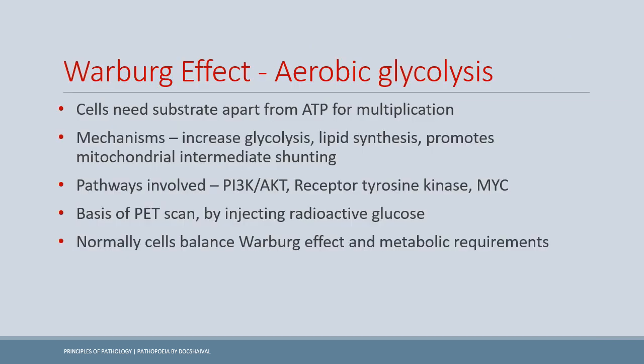Now, one important concept to understand is the Warburg effect. The Warburg effect is also called aerobic glycolysis, because glycolysis is the main thing occurring even when there is presence of O2.